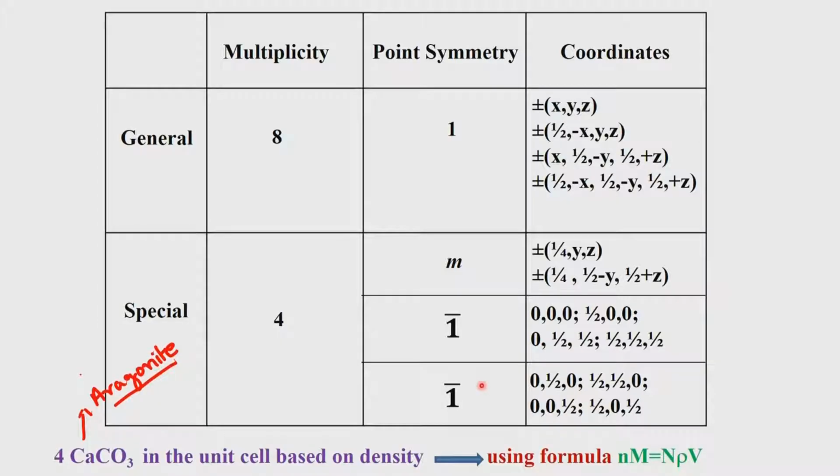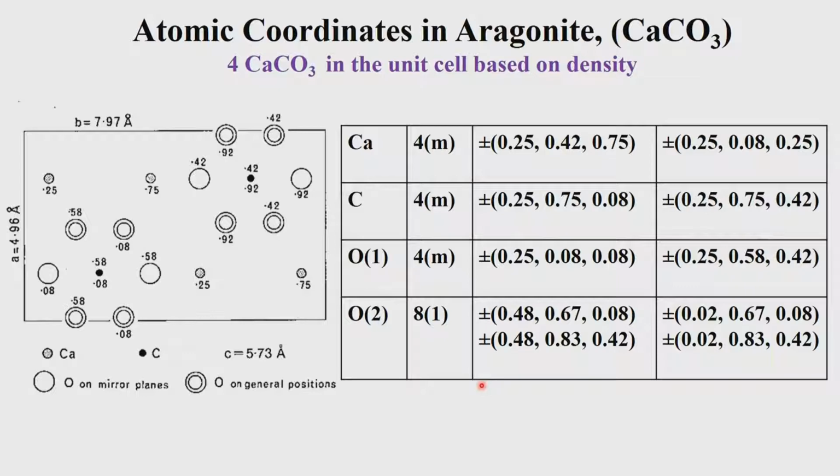Now we have to see how the atoms are located. The moment we know how the atoms are located, we will know about the geometry of that particular molecule as well. So all these issues will come up if we go to the next slide, and that slide will tell you how the atoms in calcium carbonate are actually located inside the unit cell, and we will discuss that in a little more detail.